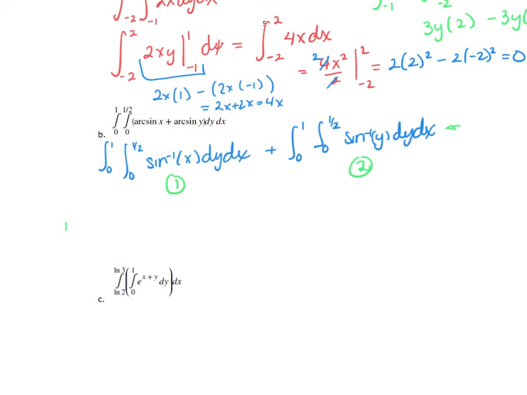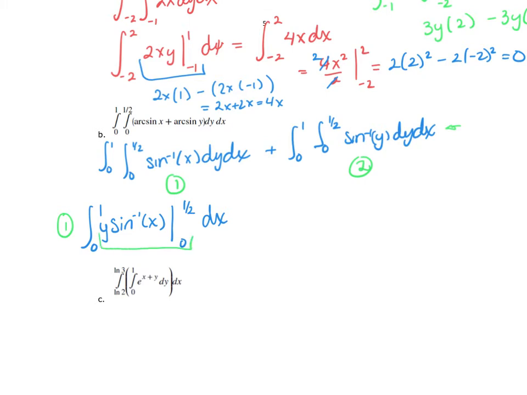So here's number 1, this integration. So this is going to integrate to the integral from 0 to 1 of the sine inverse of x, and then it's a y, evaluated from 0 to 1/2, and then dx. Now, as before, I'm going to deal with this piece.